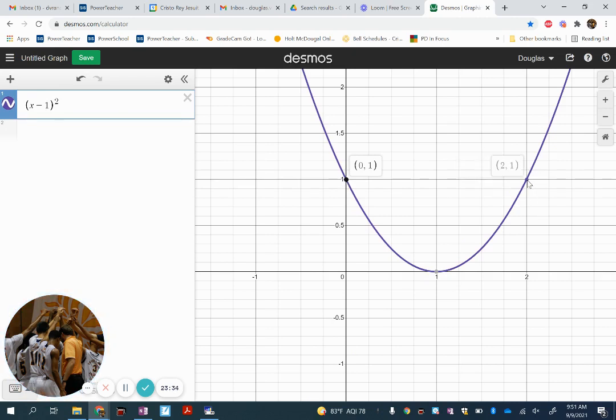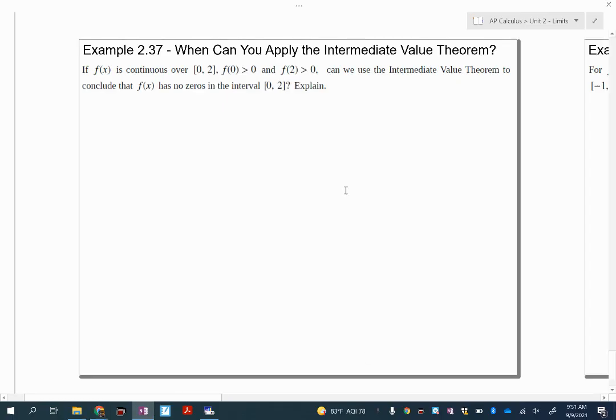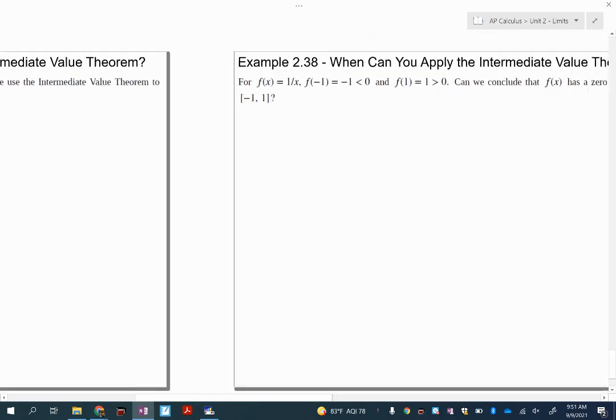At 2 comma 1, right there. But there still is a 0, right here, 1, 0. So this is an example of a function that satisfies both of those statements. They're both positive, but it does have a 0. So just because we say they're both positive doesn't mean we can rule out that there is a 0. Okay, just something to think about there. I'll try to do more of that in class.